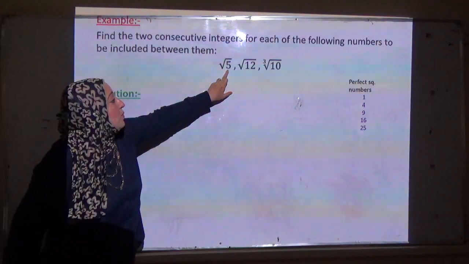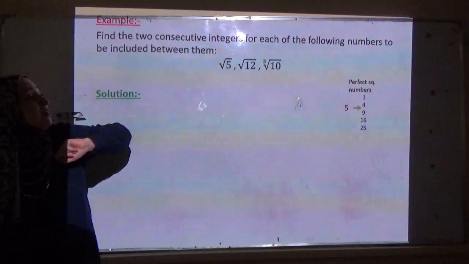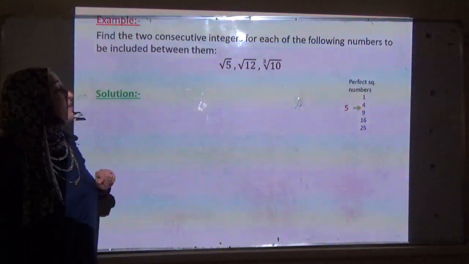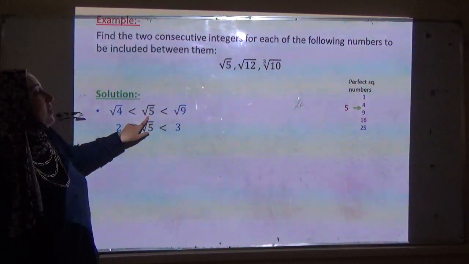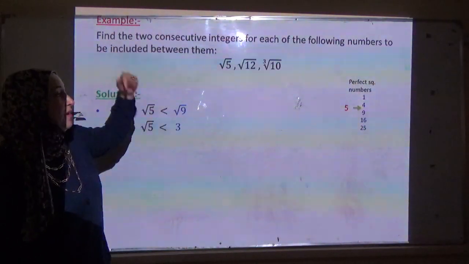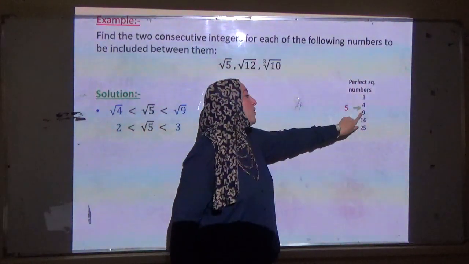Search for 5. 5 lies between 4 and 9. Then root 5 lies between root 4 and root 9.